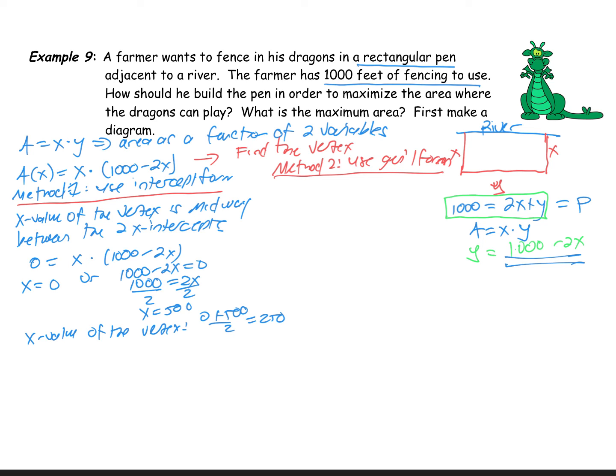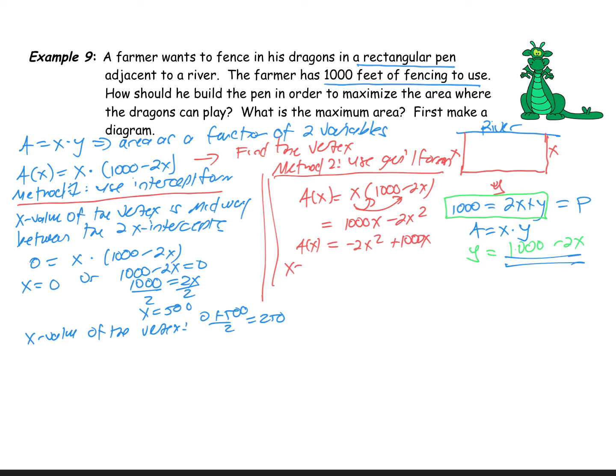Let's find the x value of the vertex using general form. If I want to use general form, A of x is equal to x times 1,000 minus 2x. I'm going to convert this to general form, and I'll get 1,000x minus 2x squared, distributing the x. I'll rewrite this in standard form with descending powers of x, so negative 2x squared plus 1,000x is equal to A of x.